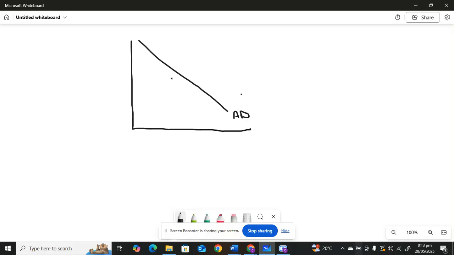Here on your y-axis is price level. On your x-axis is real GDP output. Do you remember what real GDP output is? It's the total market value of the goods and services produced within a nation's borders.